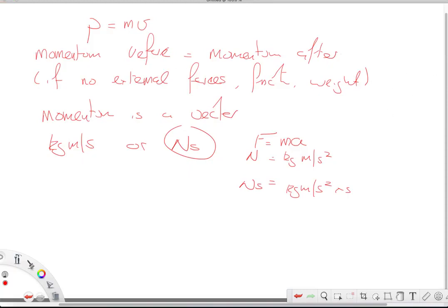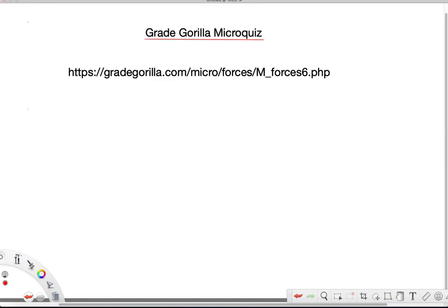Now let me point out to you some examples that you could do. You could go to Grade Gorilla. This is a great little multiple choice micro quiz for you.